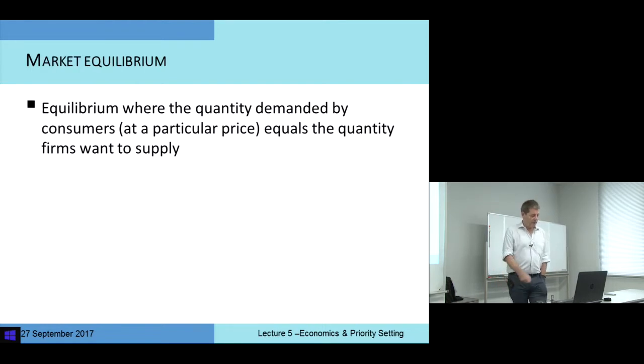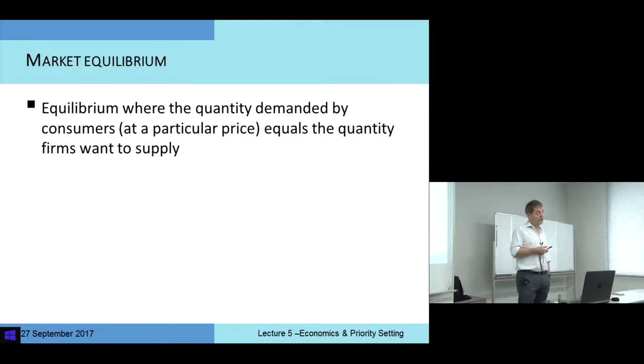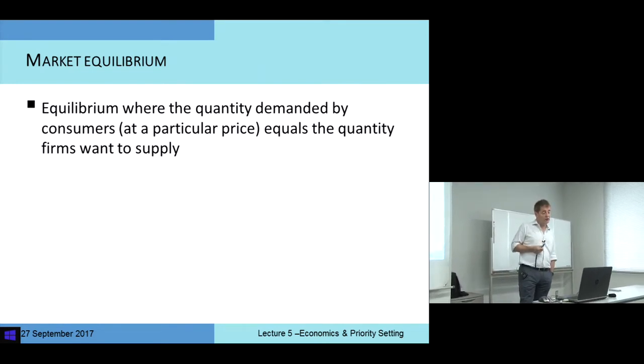So, market equilibrium. Equilibrium is where the quantity demanded by all the consumers at a particular price is just equal to the quantity firms want to supply.